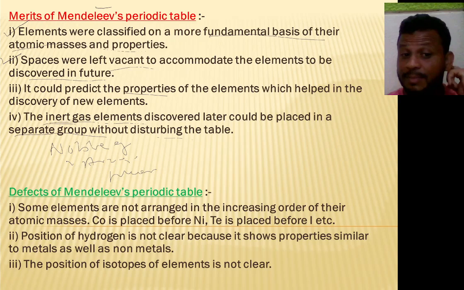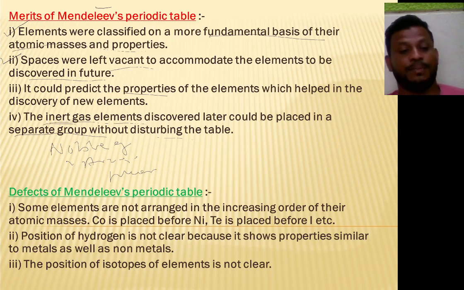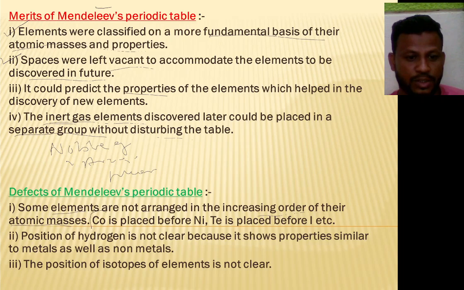And there are a few defects also that we are going to see in Mendeleev's table. What are the defects? Let us see here. Some elements are not arranged in the increasing order of their atomic mass. Some elements are not classified properly, like which ones?